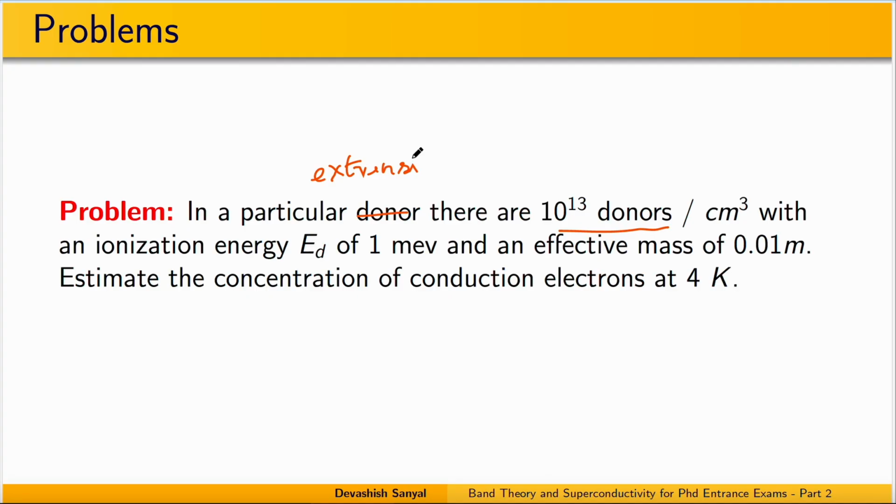In an extrinsic semiconductor, there are 10 to the power 13 donors per centimeter cube with ionization energy ED of 1 milli-electron volt and effective mass of 0.01 times the electronic mass.